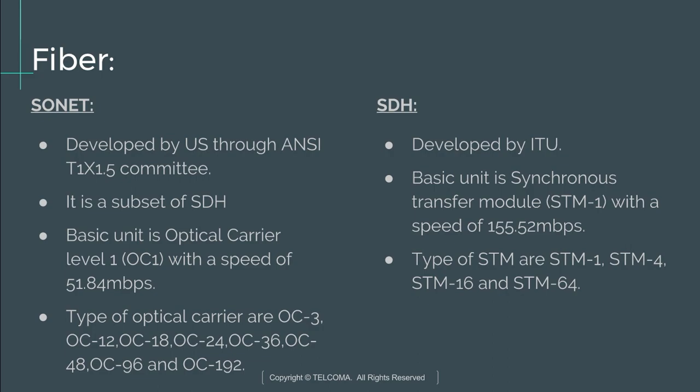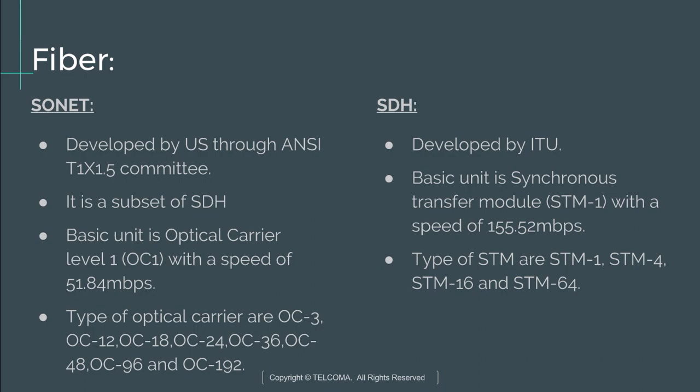The difference between SONET and SDH is that SONET was developed in the US through the ANSI T1X1.5 committee, whereas SDH was developed by the ITU, the International Telecommunication Union. SONET is a subset of SDH because it was developed after SDH.